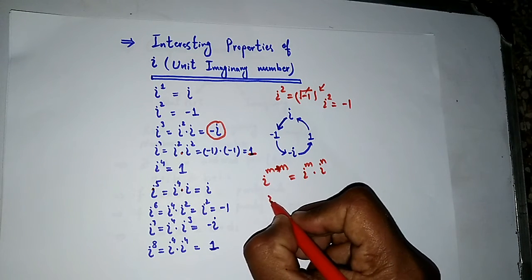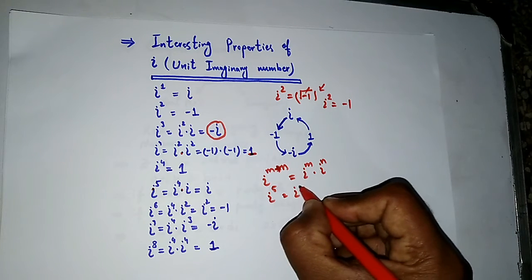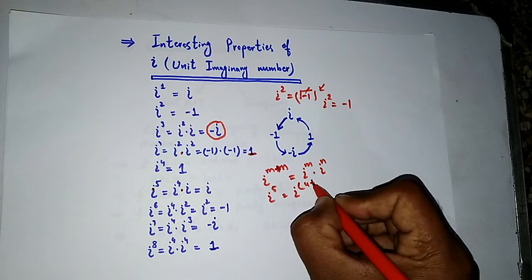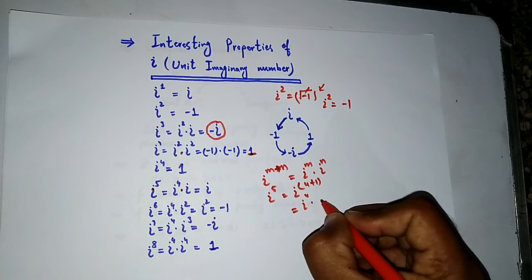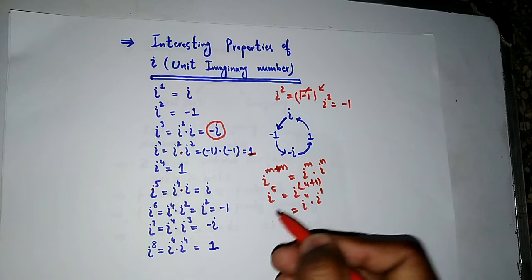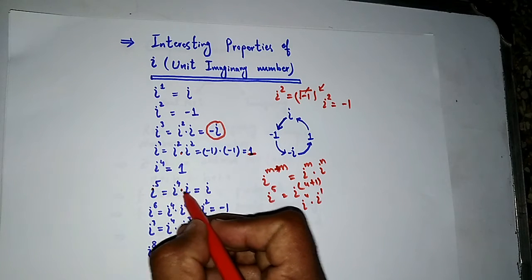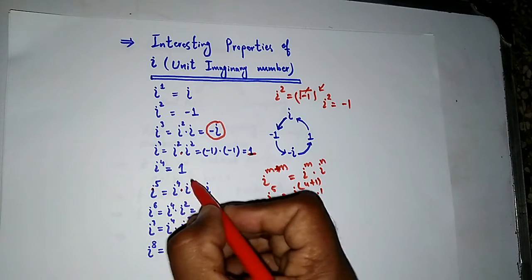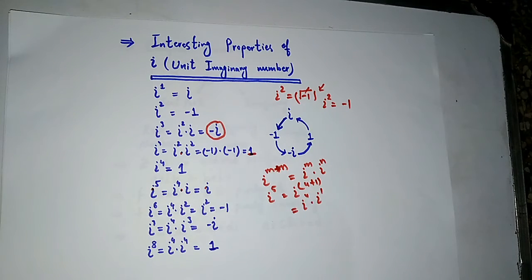For example, iota power 5, we can write it as iota power 4 plus 1, and we can also write it as iota power 4 dot iota power 1. So iota power 5 is equal to iota power 4 dot iota, and iota power 4 is equal to 1, so we simply get iota.